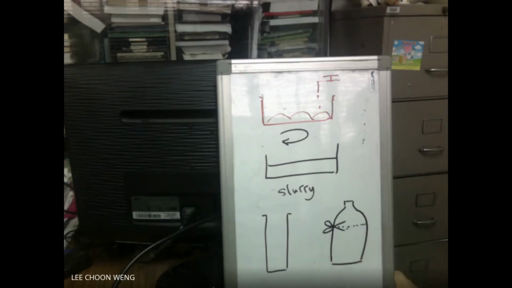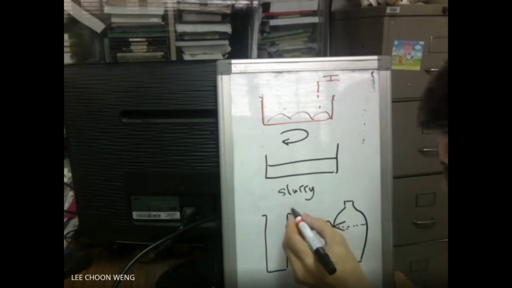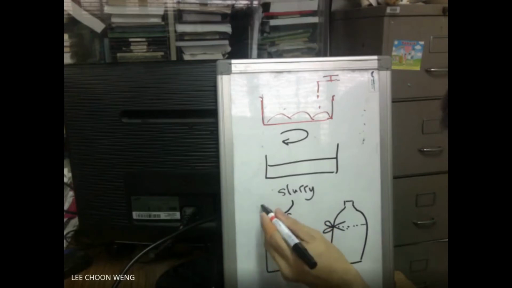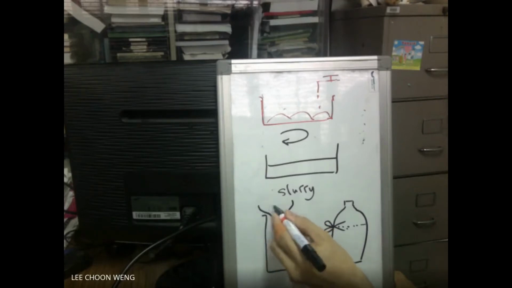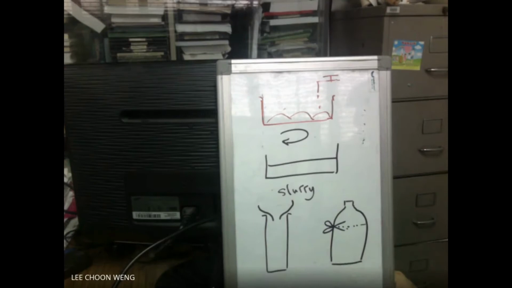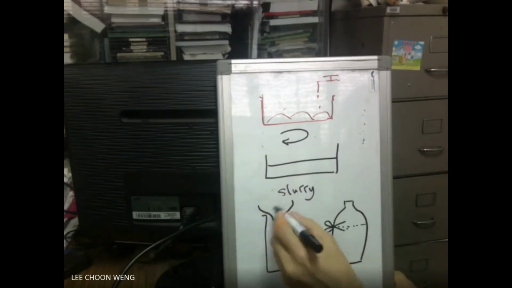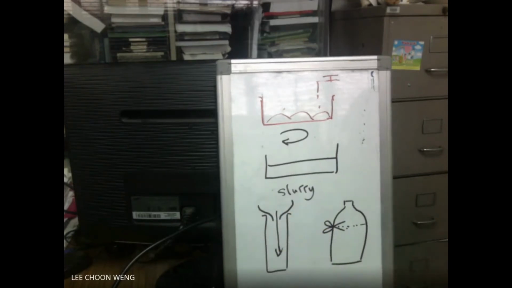This top, we invert and use as a funnel as we pour the slurry into the bottle. We will pour it about two thirds full, and then we will top it up with tap water.